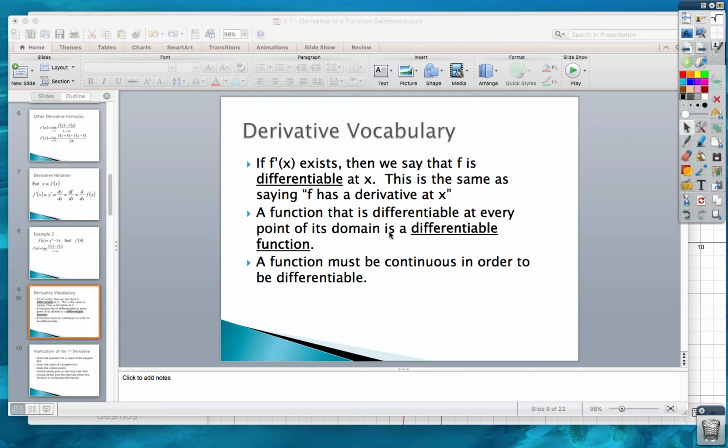So in English, if we have a function that is differentiable everywhere in its domain, then we call it a differentiable function. A function must be continuous in order for it to be differentiable. So if you're having jumps and leaps, then it's not going to be differentiable in that interval, or differentiable period.